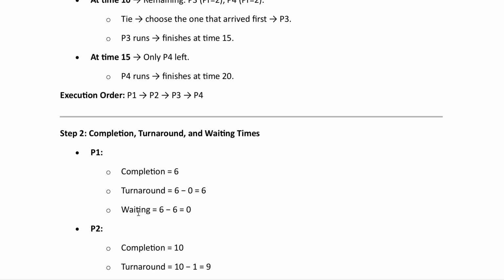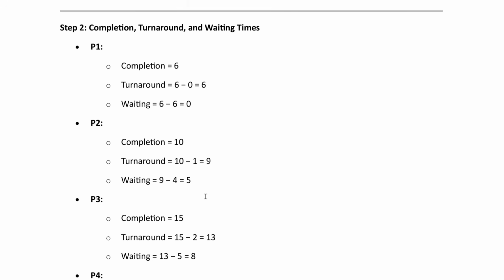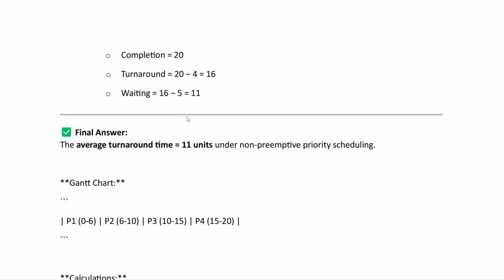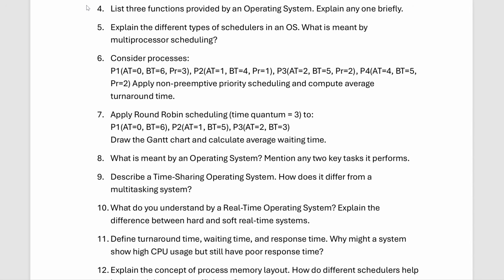So waiting time will be 6 minus 6, 0. You can compute the completion time, turnaround time, and waiting time for the remaining processes on your own, right? So we have successfully computed all these three times: completion, turnaround time, and waiting time.